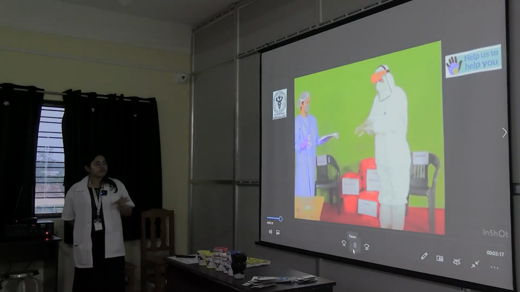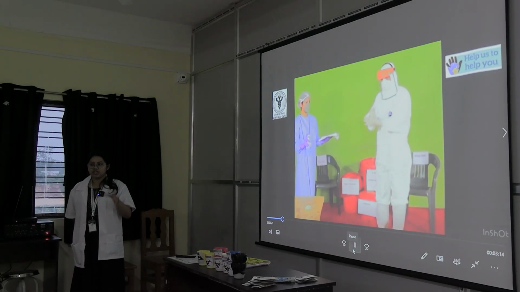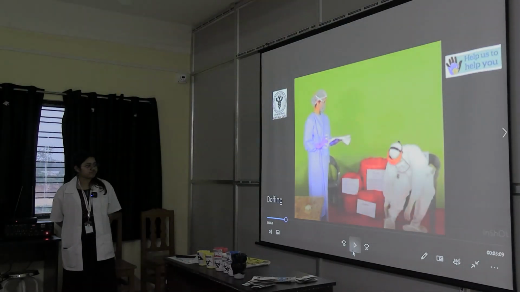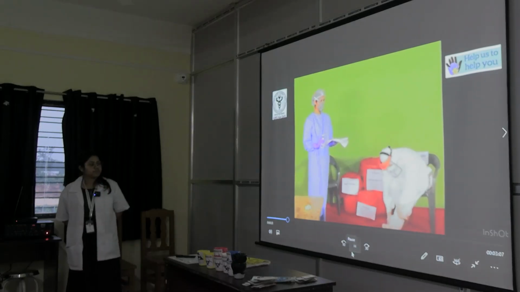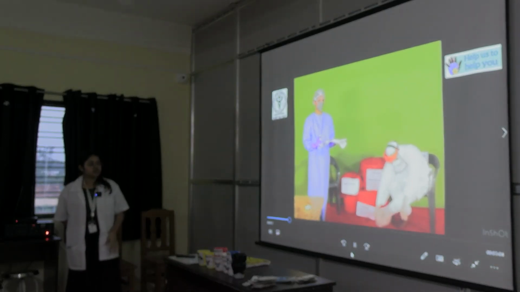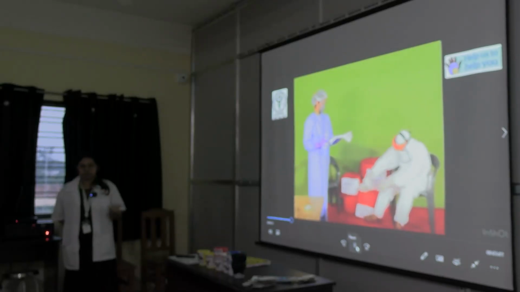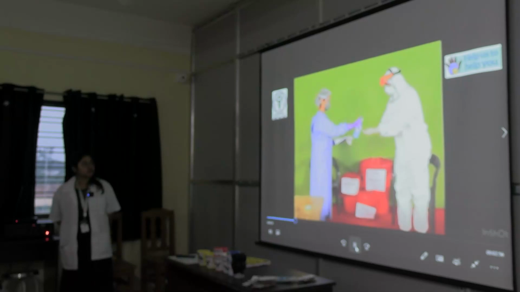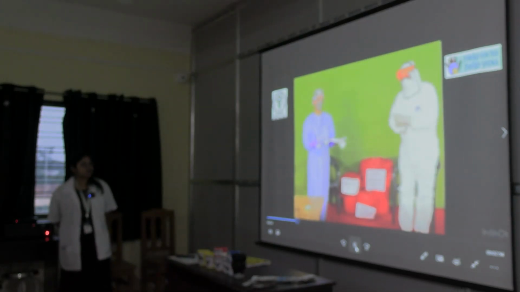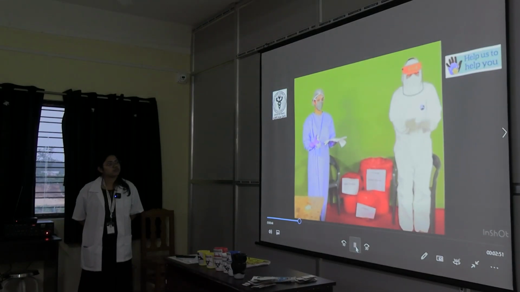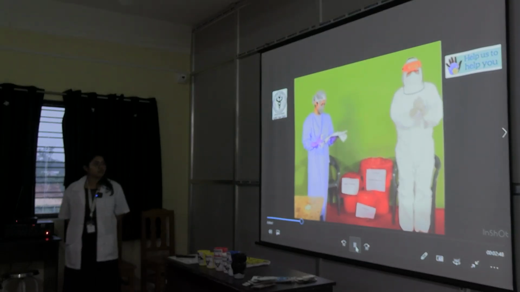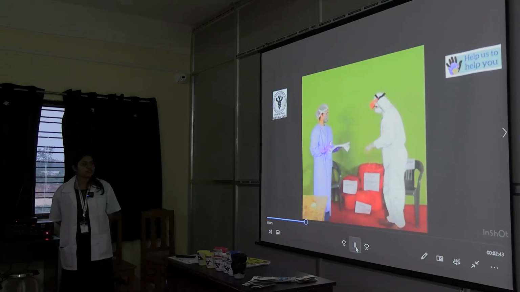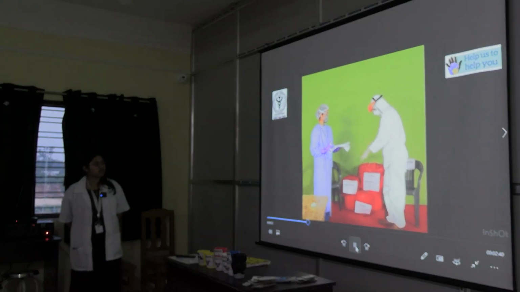Now remember, in Doffing, at each and every step you will be doing all the steps of hand hygiene. He is removing the shoe cover. So after this step, you will be performing the hand hygiene. Now he is removing his outer pair of gloves.